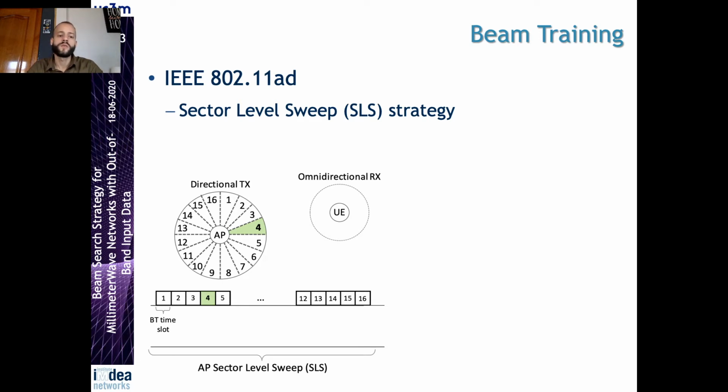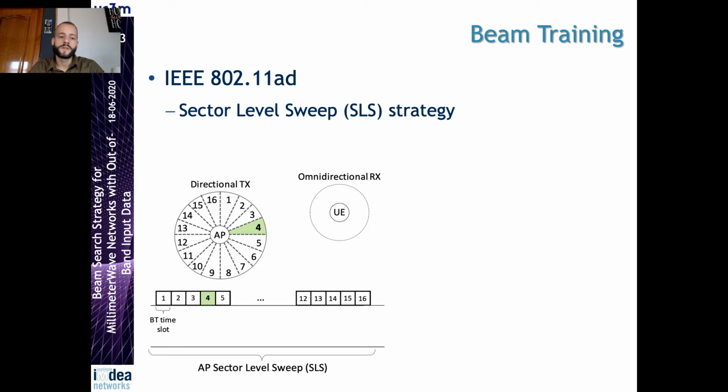In this case, we have 16 different sectors, each in its own time slot, and each sector has its identifier. During this procedure, the user receives those frames with an omnidirectional antenna pattern and identifies the access point sector with the highest received signal power.